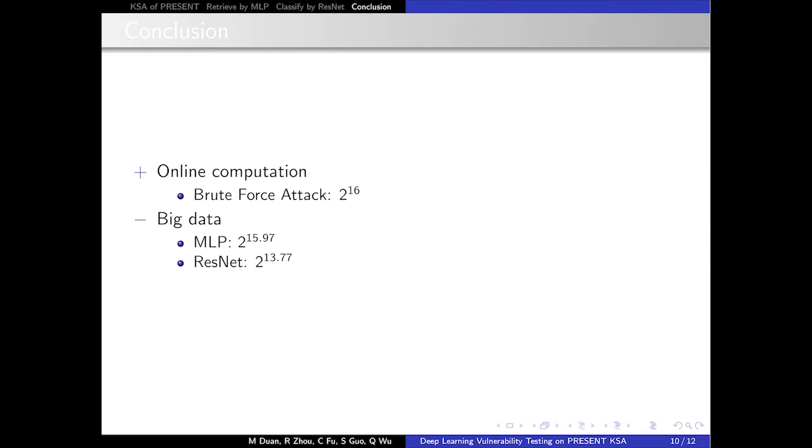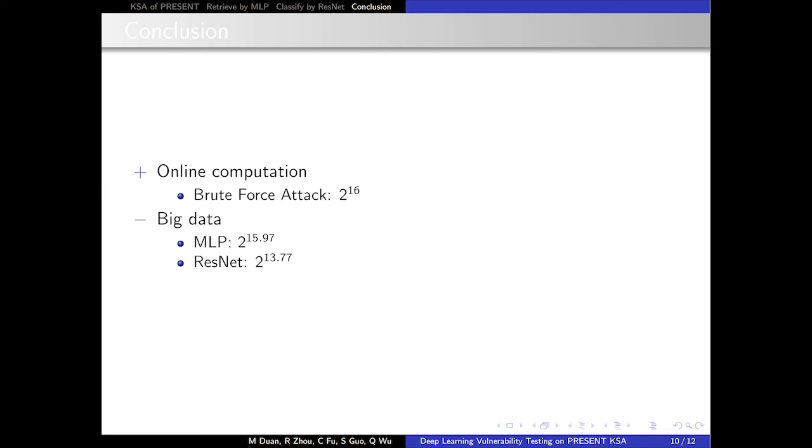So in conclusion, for each MLP, the offline data we use to train it is about 2 to the power 15.97. And for each ResNet, the offline data is about 2 to the power 13.77. But the online process can be carried out within seconds on a modern computer, because the networks are pre-trained.